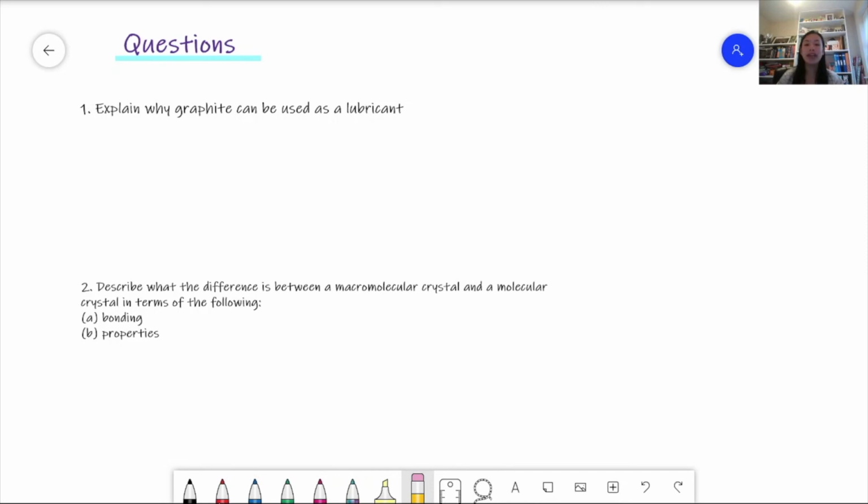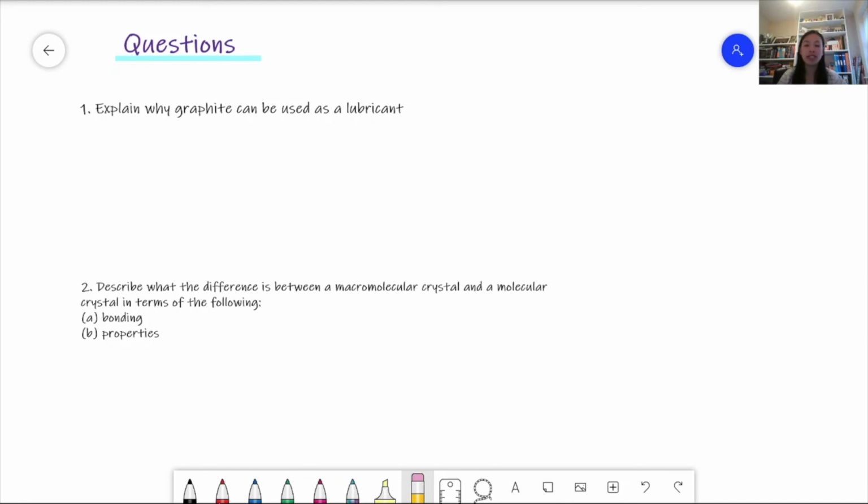The bonding in a giant covalent is very, very strong bonds between the atoms. And in molecules, the bonding is strong covalent between each atom, but between molecules, there's very weak intermolecular forces.